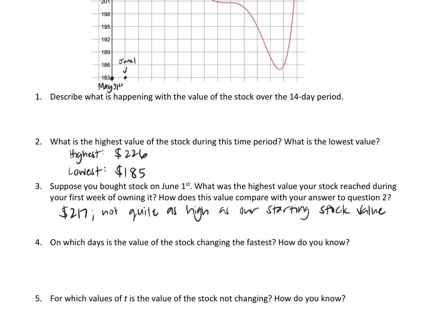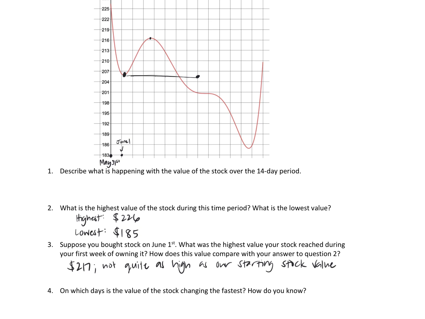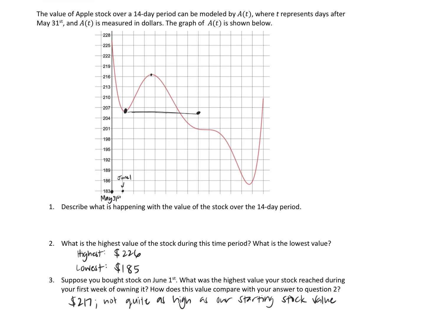Okay, next question is a little bit of calculus. We got to think, how fast is the stock moving when it's moving the fastest, and how do we know? Any ideas? Yeah, it's when it's the steepest on the graph, right? So there's 2 different spots where it is the steepest on the graph. Probably the steepest over here on the left, in between 0 and 1. And then where else? Day 13. Yeah, day 13 and 14, okay?